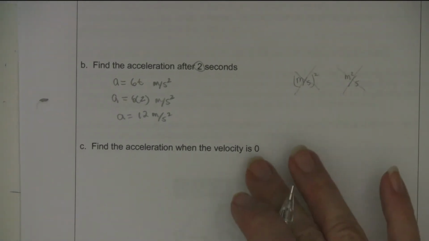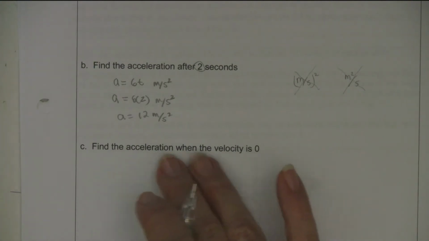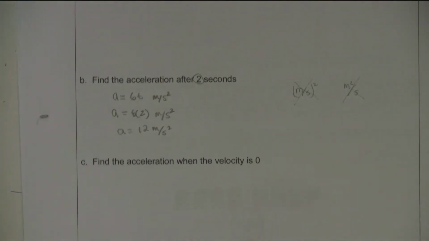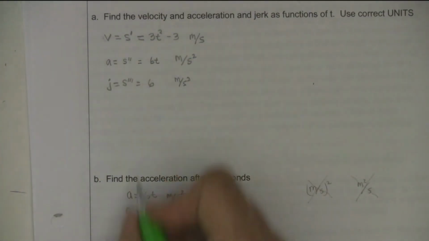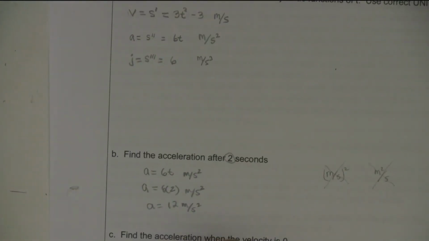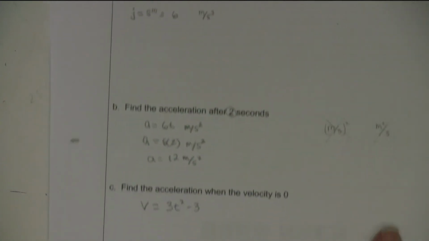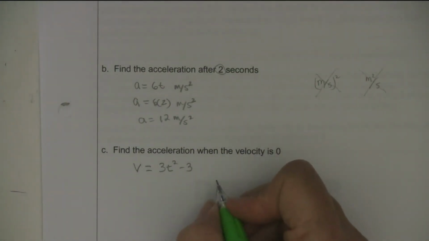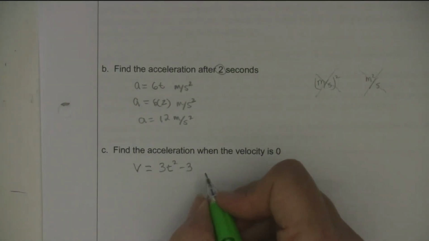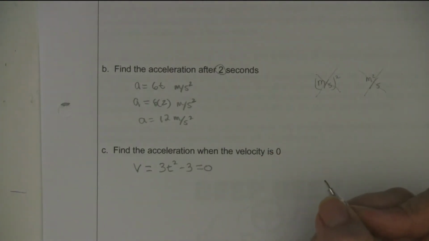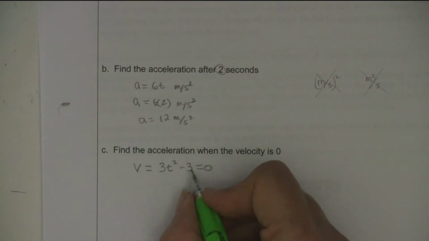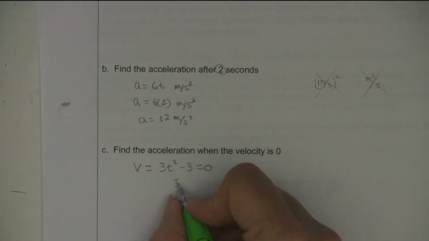And then in part B they asked me to find the acceleration when the velocity is 0. So the velocity was this: the velocity is 3t squared minus 3. I'm going to set the velocity equal to 0 so I can find out when that happens. You could add 3 to the other side and then divide by 3.